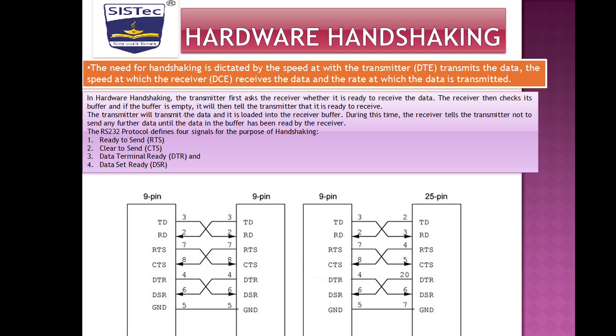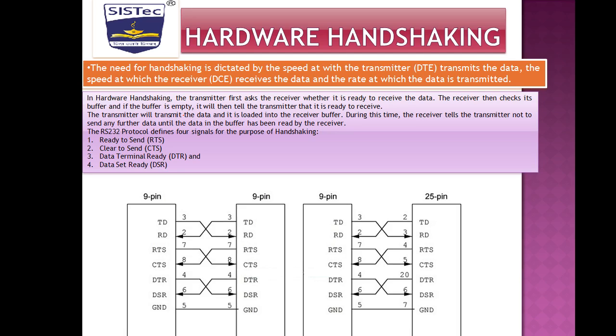In hardware handshaking, the transmitter first asks the receiver whether it is ready to receive the data. The receiver then checks its buffer, that is the receiver buffer, and if the receiver buffer is empty, then it will tell the transmitter that it is ready to receive the data.